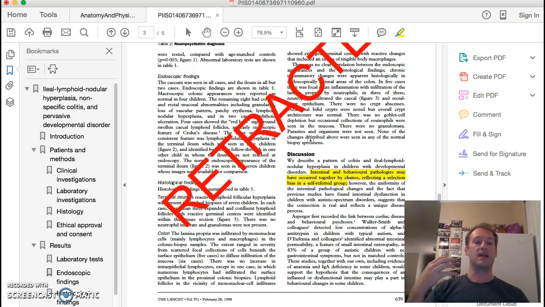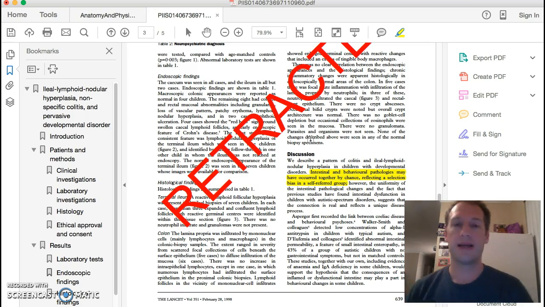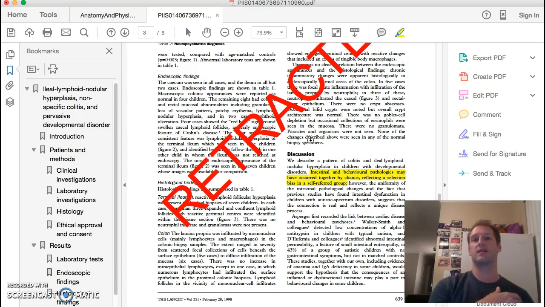It came out that the investigators were falsifying data, they were making stuff up. Come to find out that they were being paid by a legal firm that was representing these supposed autism patients, which is a huge conflict of interest. So this is a kind of a big deal. Just keep that in mind as you read stuff.